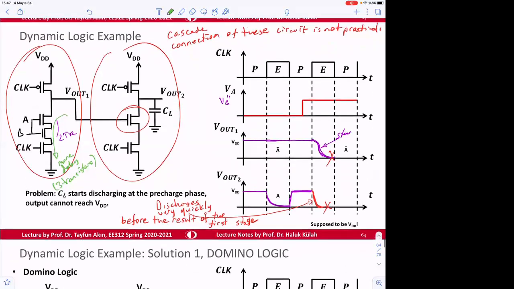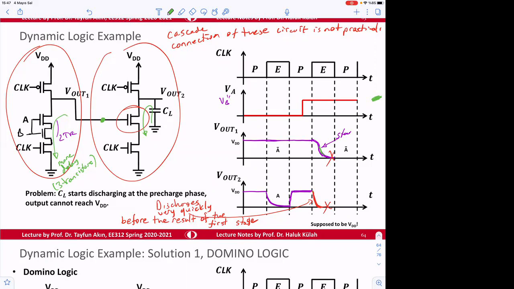So due to that, if one of them is evaluated, let's say this is the case we are talking about now, for this case the evaluation of going low is going to take time, but the next circuit doesn't know that. So the next circuit thinks that the input or this node is already high, so it thinks that it's going to remain high, and then it discharges this capacitance very fast.